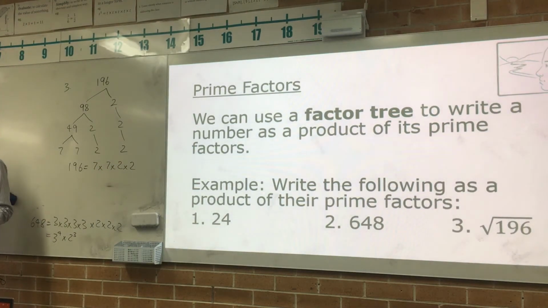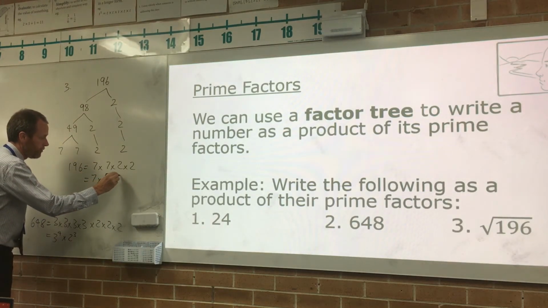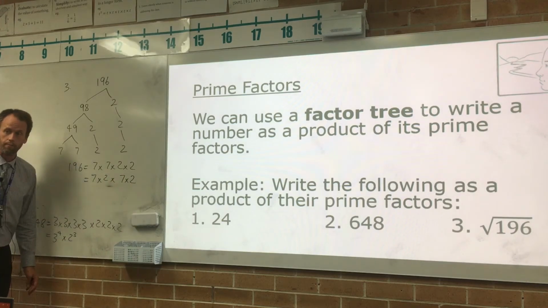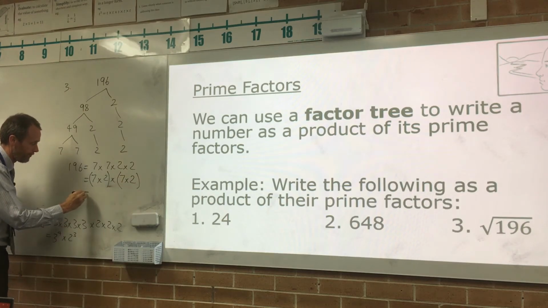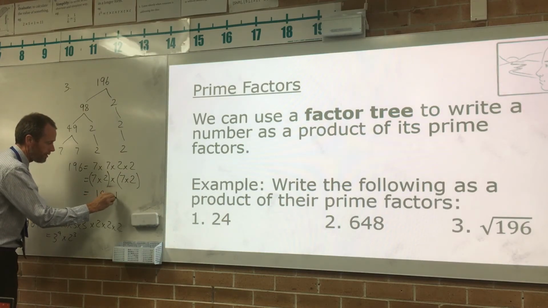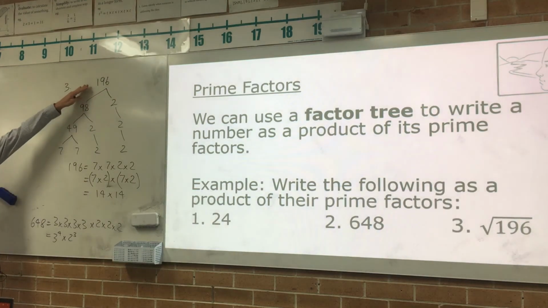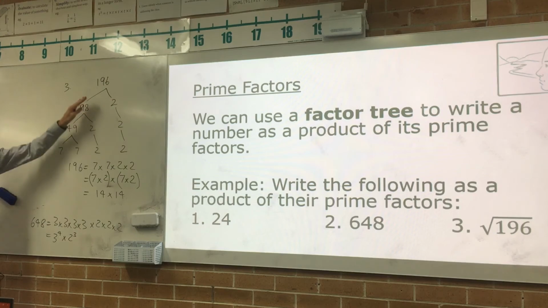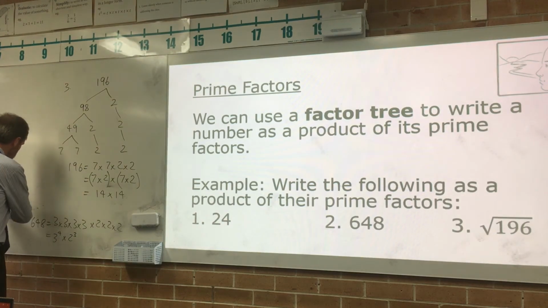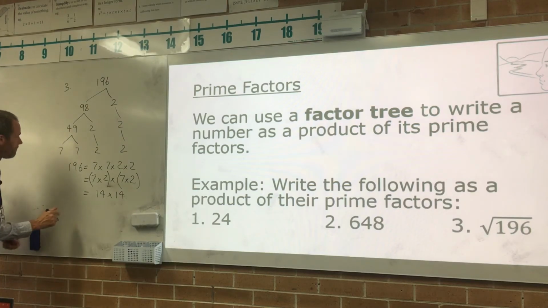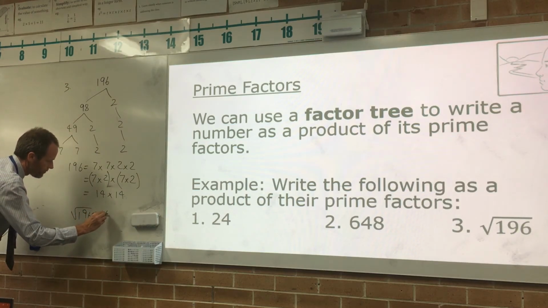But what we know about multiplication laws, we can also write this as 7 times 2 times 7 times 2. Put brackets around, and hopefully you can see it's 14 times 14. So I don't need to know the square root of 196 is 14. I can get there using my factor tree. As a result, my final answer, square root of 196 is equal to 14.